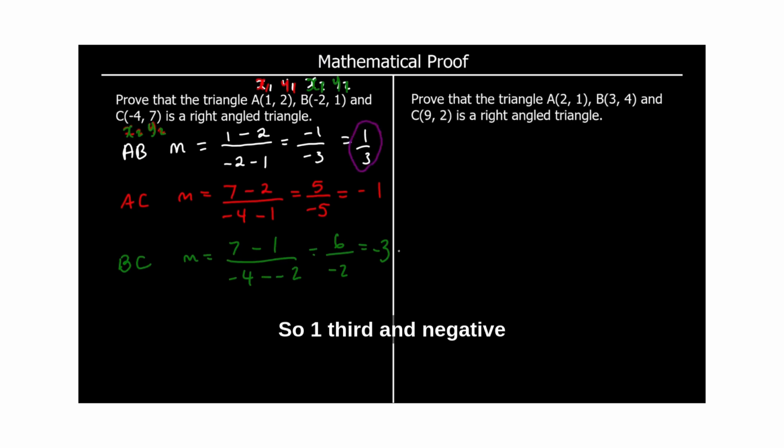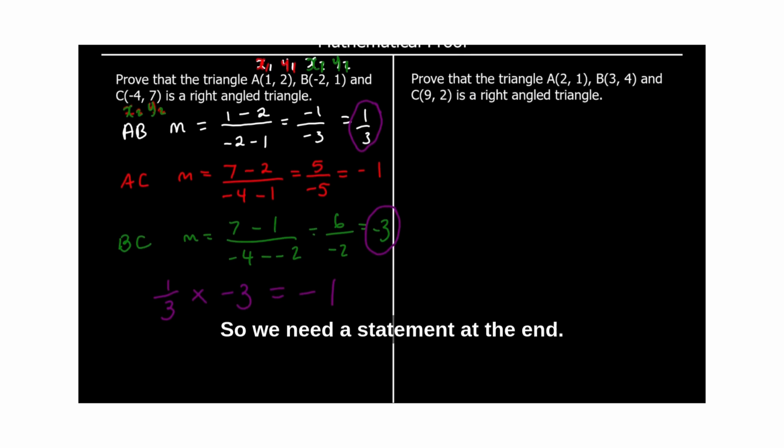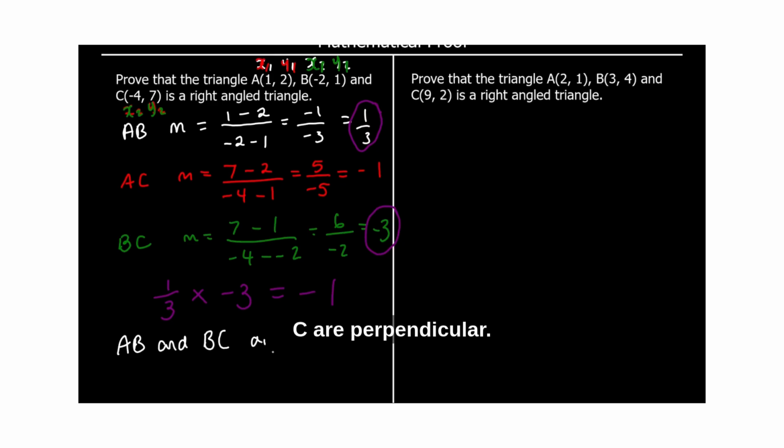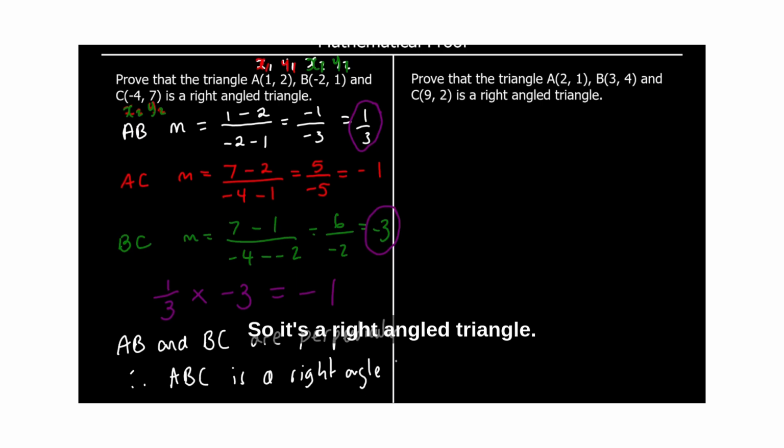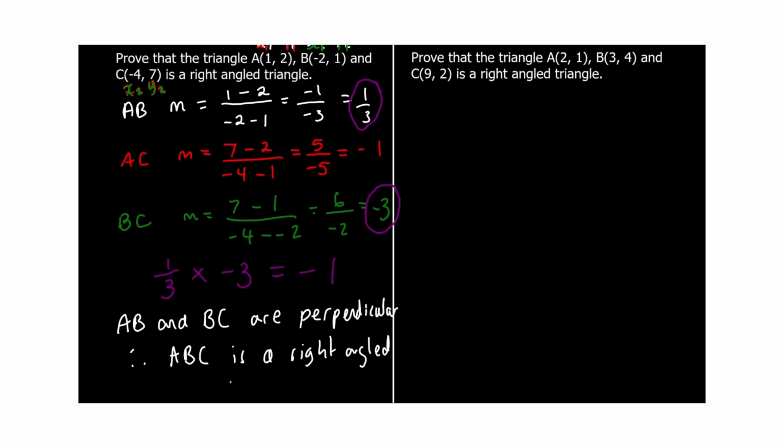So 1/3 and negative 3 are perpendicular. One's the negative reciprocal of the other. And if they're perpendicular, they multiply to make negative 1. So we need a statement at the end. So AB and BC are perpendicular. Therefore, ABC is a right-angled triangle. It's got a right angle, so it's a right-angled triangle.